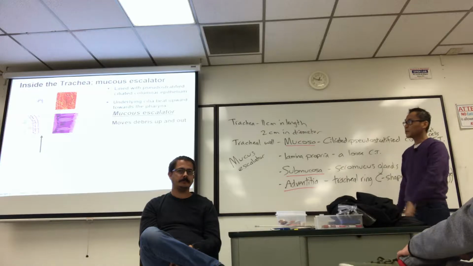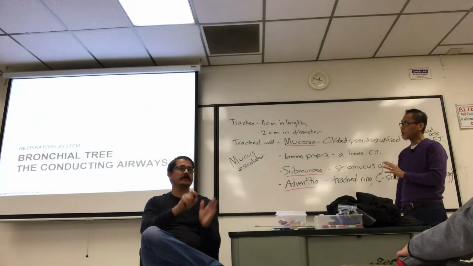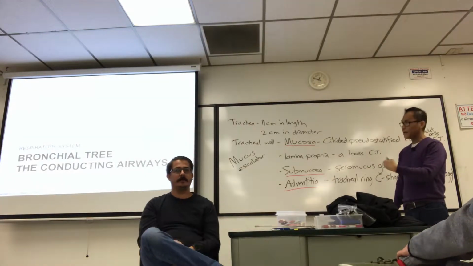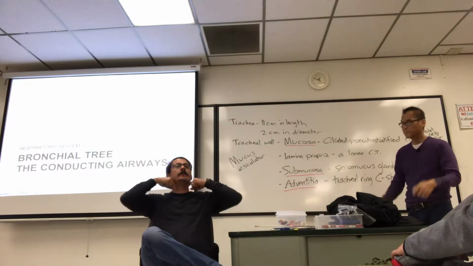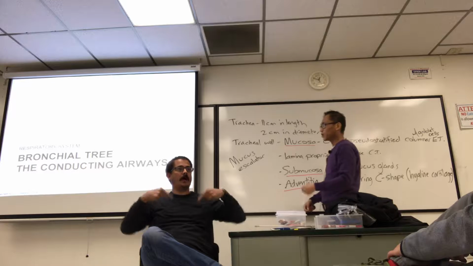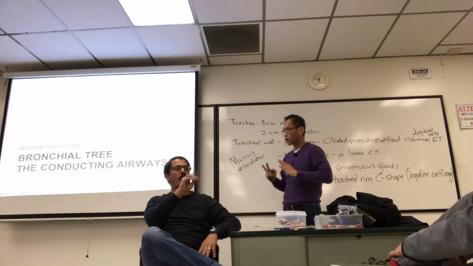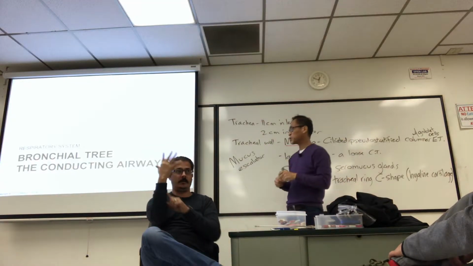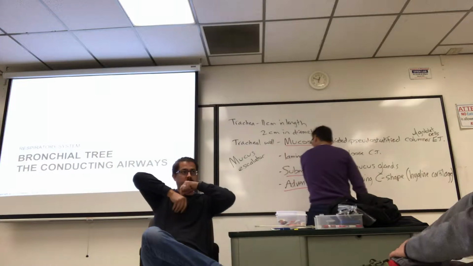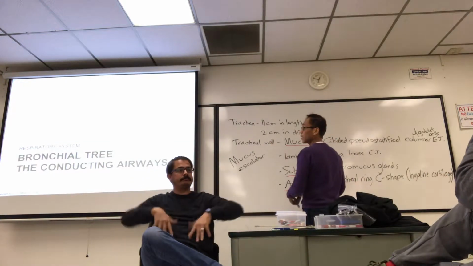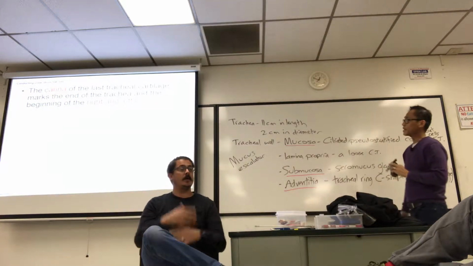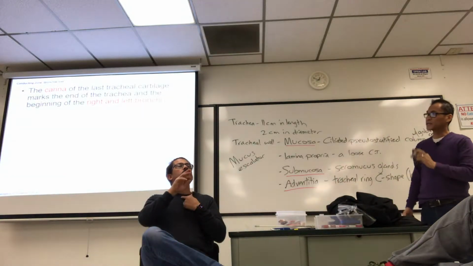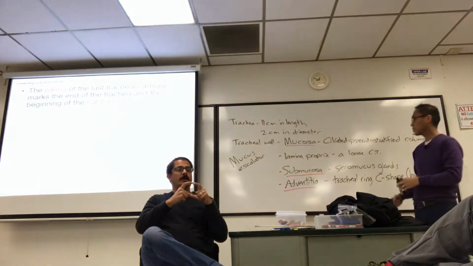Well, I showed you the mucus escalator. Let's talk about when the airway divides and the airways go into the lung tissue. Call this the bronchial tree. Think of a tree, the trunk of a tree, and it branches out, and all these branches. So in breathing, the trachea ends with the last cartilage ring, and it's called the carina.